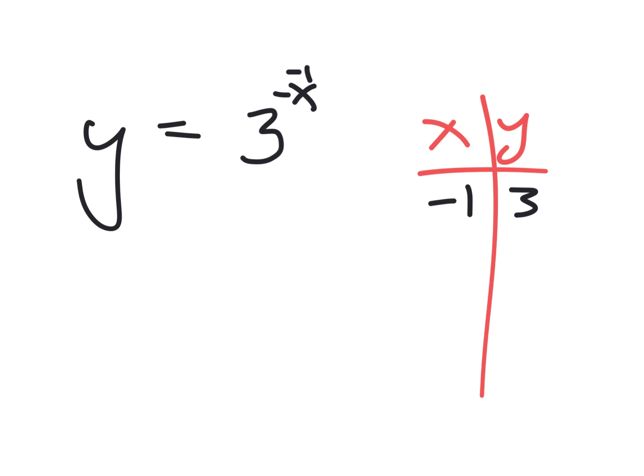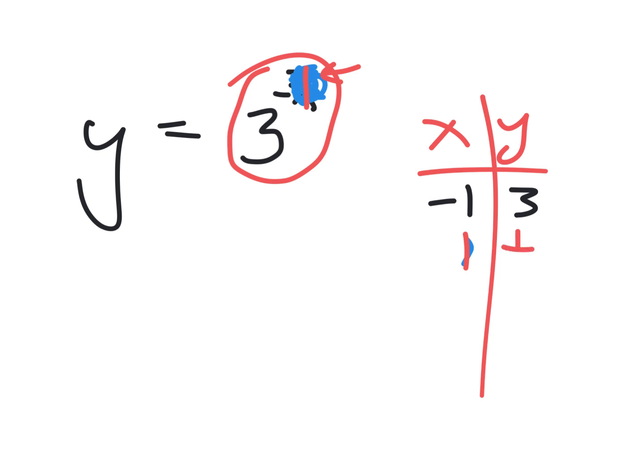Hunter, what's another number that would work nicely and isn't negative? 1 would work nicely. Why does that work nicely for you? Because you know how to do it, right? What if I put in 1? What do I get? Nope. Okay, if I put in a 1 right here, that's 3 to the -1. You need to learn that to the -1 power flips it, so it'll be 1/3.